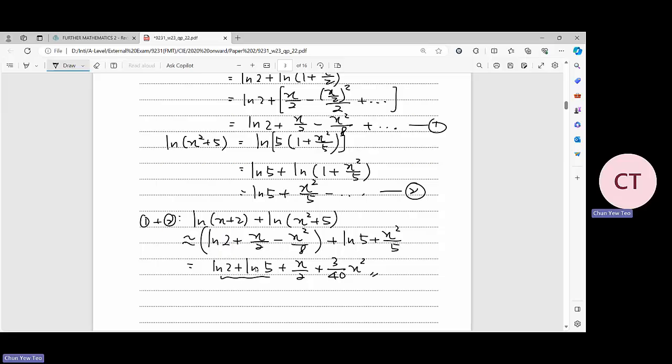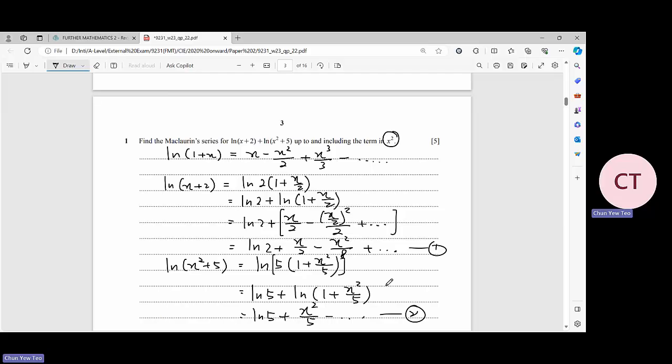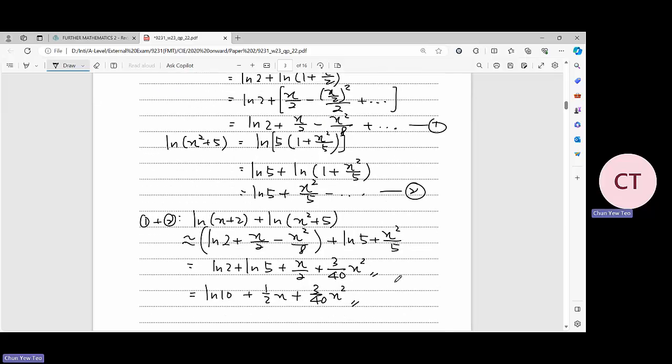Of course, ln 2 + ln 5 can combine together, you multiply 2 times 5, then you get ln 10 + (1/2)x + (3/40)x². That would be better. Okay, just like that, done. So this will be the answer for question number 1. Move on.